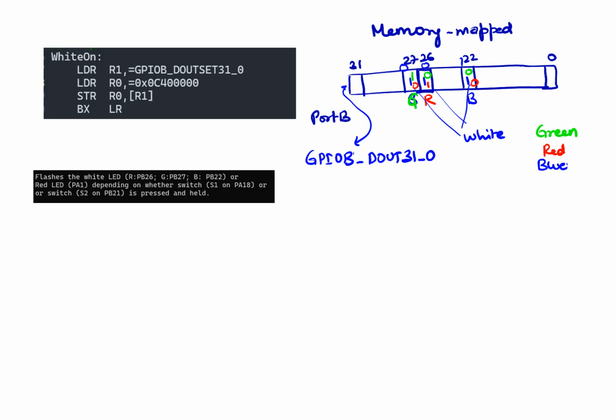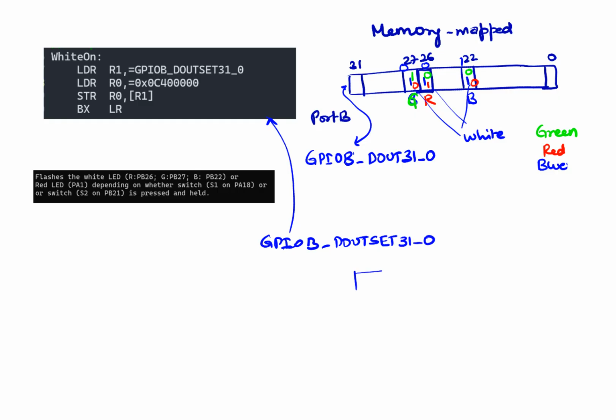So what this code is doing is, there's another register called GPIOB_DOUTSET31_0.